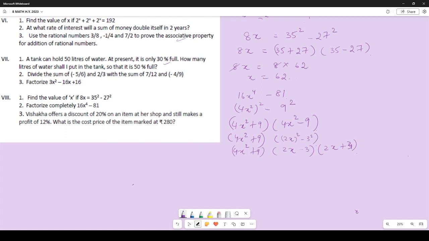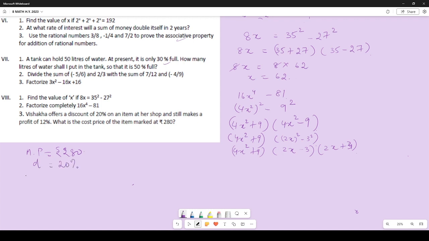Vishakha offers a discount of 20% on an item that still makes a profit of 12%. What is the cost price if the item is marked at 280? So we have marked price equal to rupees 280. The discount which is offered is 20%.